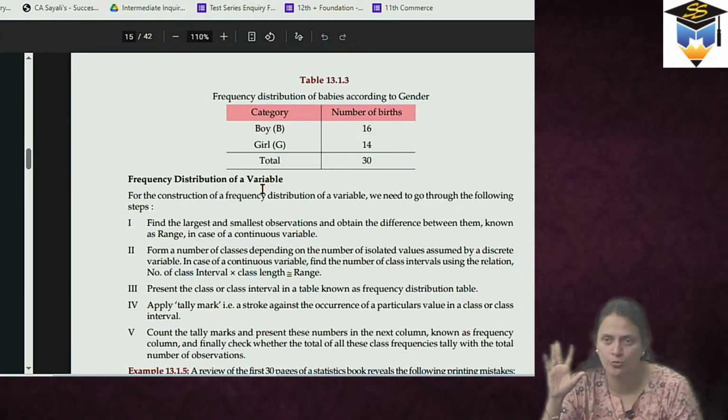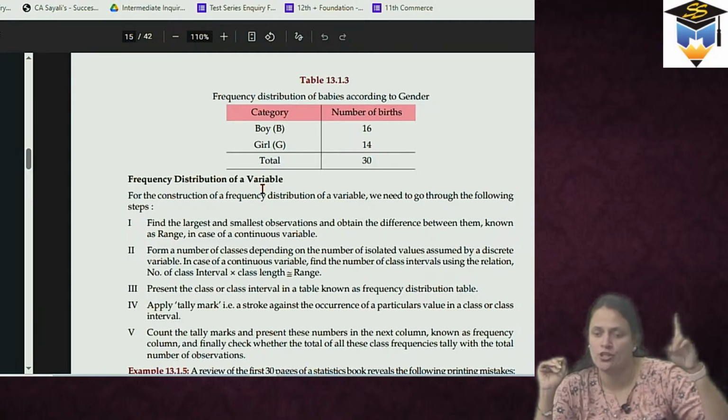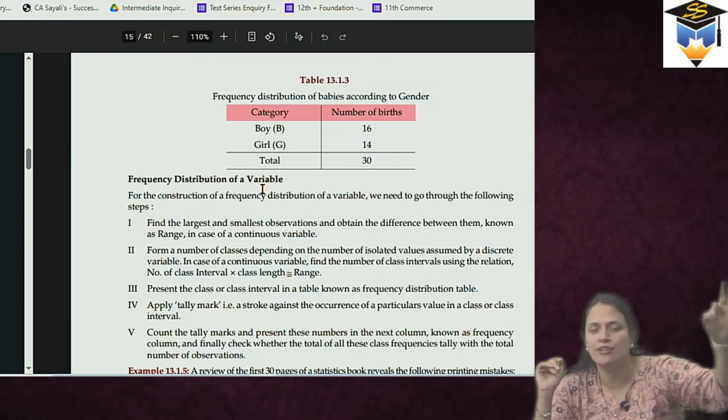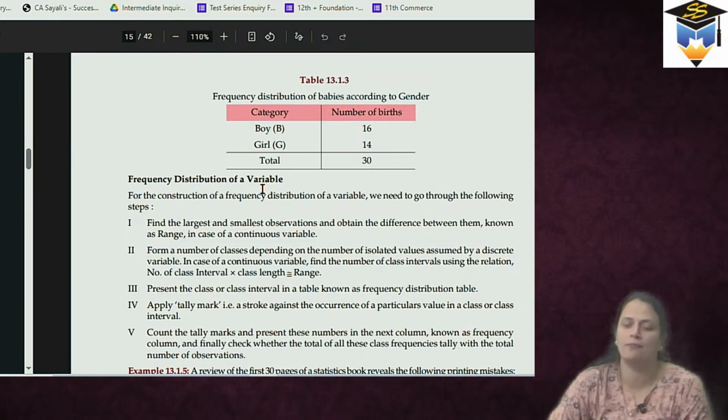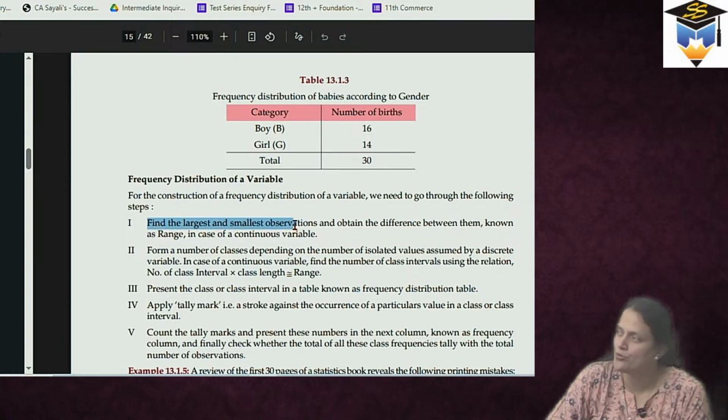So what will you do? Find the largest and smallest observations and obtain the difference between them, which is called the range. So what came first? Range. So now write down. Give the heading as frequency distribution of a variable and write down what a range is. Range is equal to largest value minus smallest value.